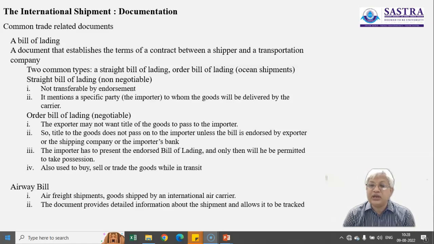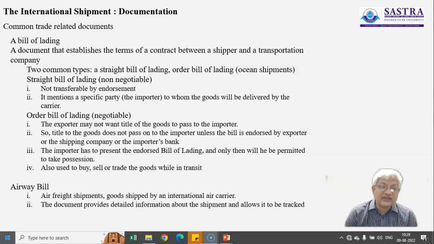Without the original bill of lading, the buyer cannot release the goods from the port. So, the importer has to present the endorsed bill of lading, and only then will he be permitted to take possession of the goods.